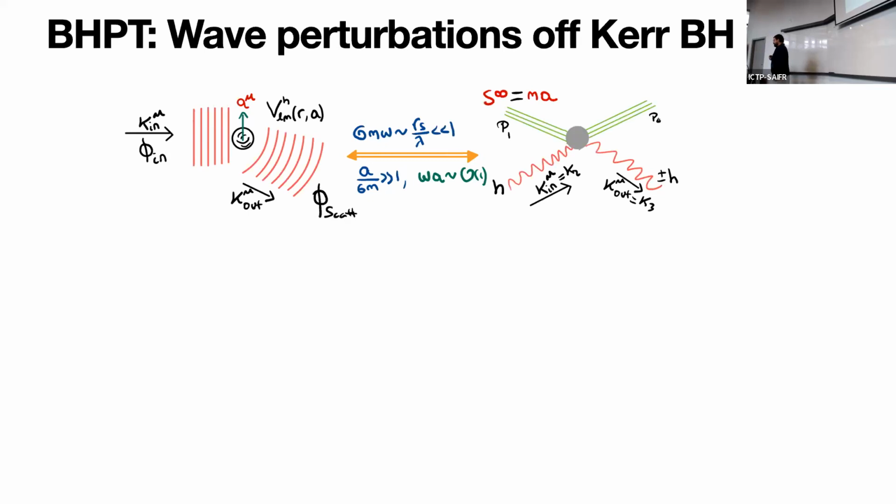So the way of doing it is basically about removing the other body, and instead of considering the second body perturbation, we are going to consider a wave perturbation of a Kerr black hole, and one should be able to relate that to the complex amplitude that we have been talking about, in the low energy limit and the super extremal limit, as is the case for the linearized metric.